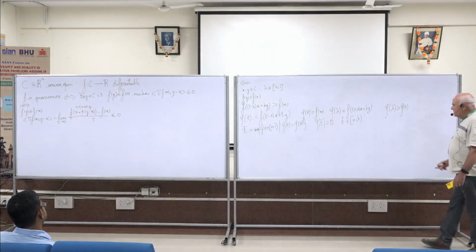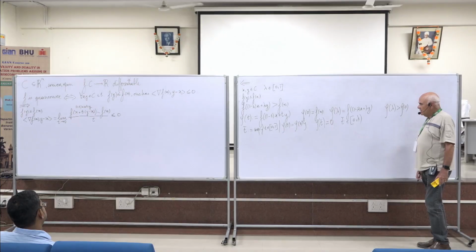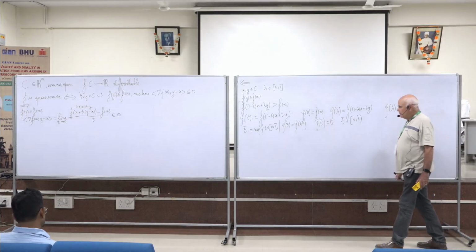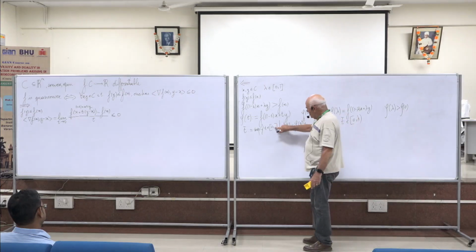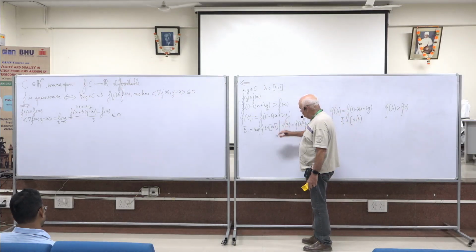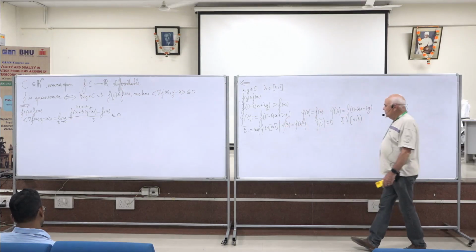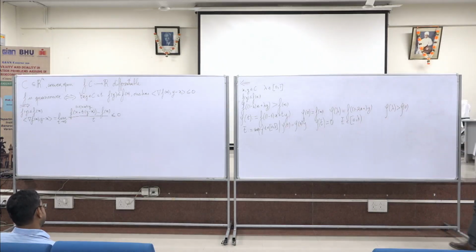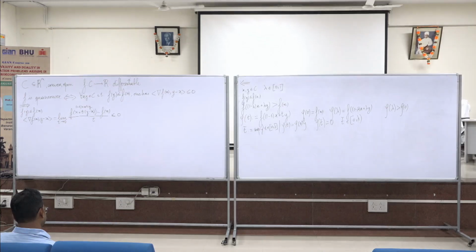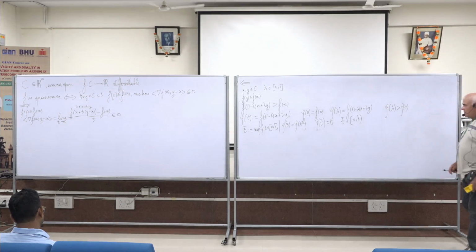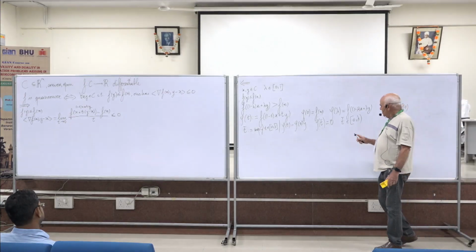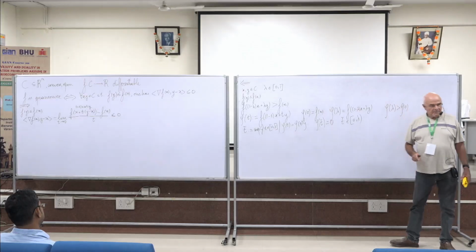I'm working in the 0 lambda interval. So better I should write here lambda. Otherwise it's not correct. Okay. So I apply the mean value theorem to phi in the interval t bar lambda.